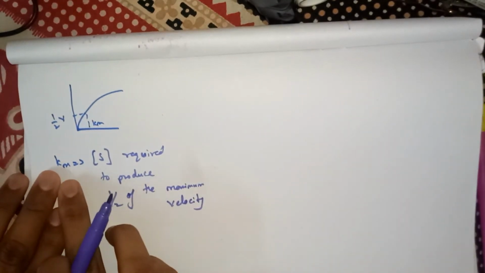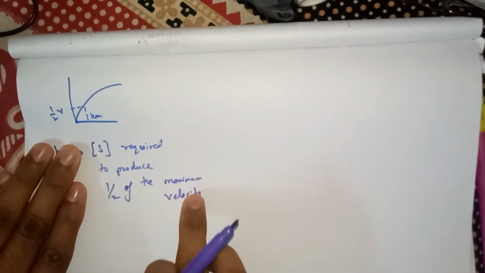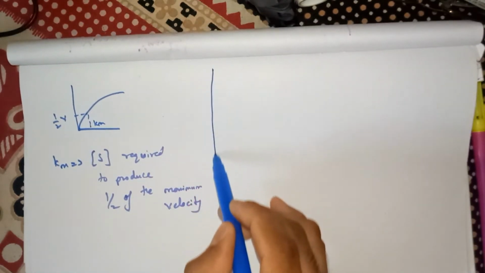Once again, Michaelis-Menten constant can be defined as substrate concentration required to produce half of the maximum velocity. This is Michaelis-Menten's constant. Beyond this is another one, the Lineweaver-Burk plot.